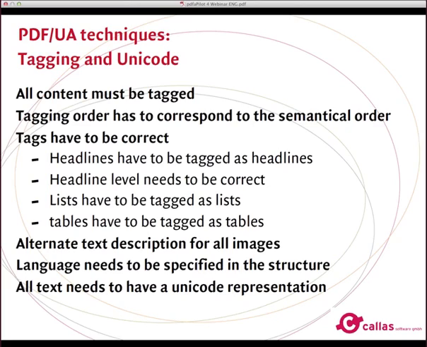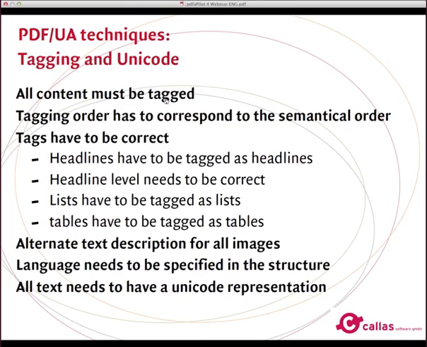Some more about technique. What techniques can we use in PDF in order to make sure that a screen reader can read a PDF file? Basically, it's tagging and Unicode. Tagging is invisible information, invisible tags inside of my PDF file that mark the content and show me what this content is.